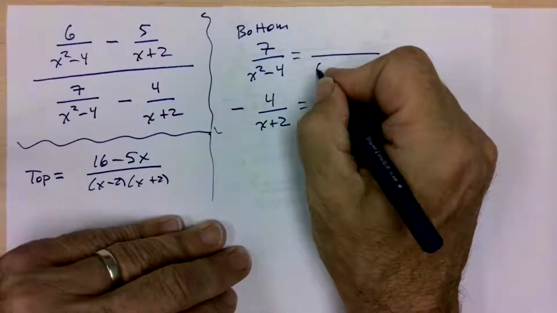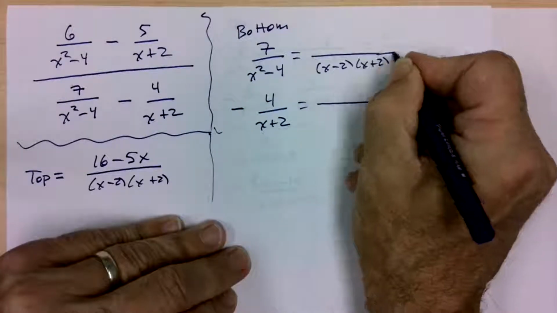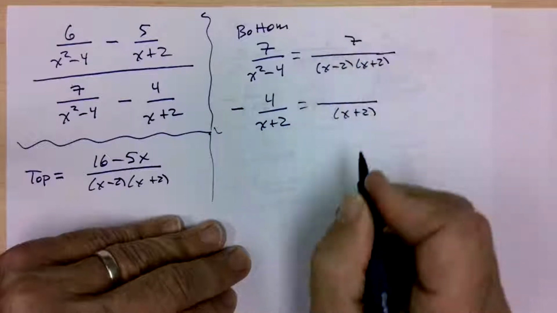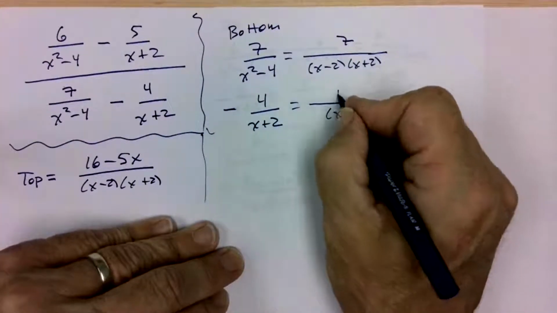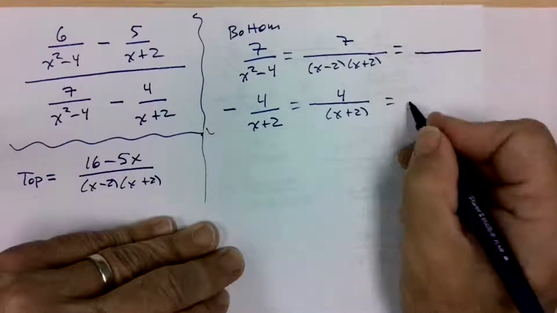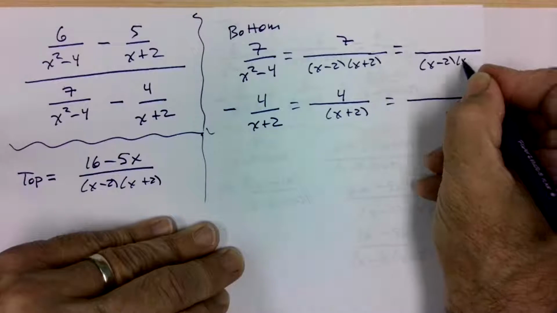X squared minus 4 is x minus 2, x plus 2. X plus 2 is x plus 2. We have 7 here, and we have 4 here. Build the common denominator, which will be x minus 2, x plus 2.